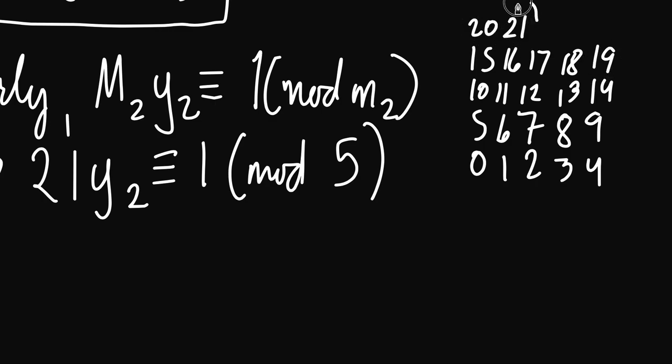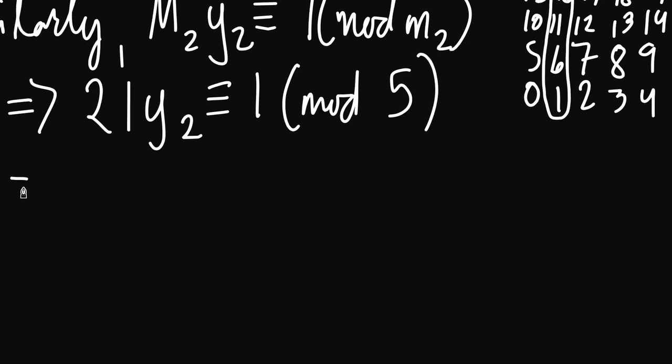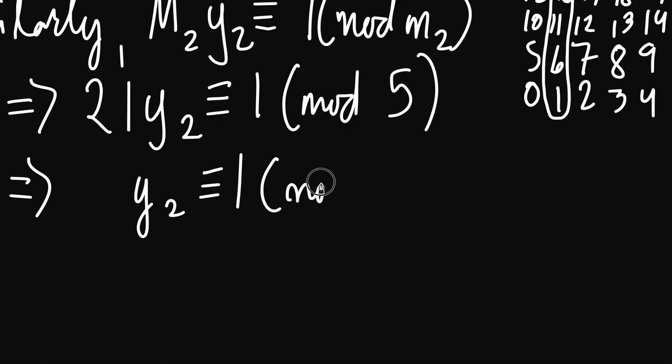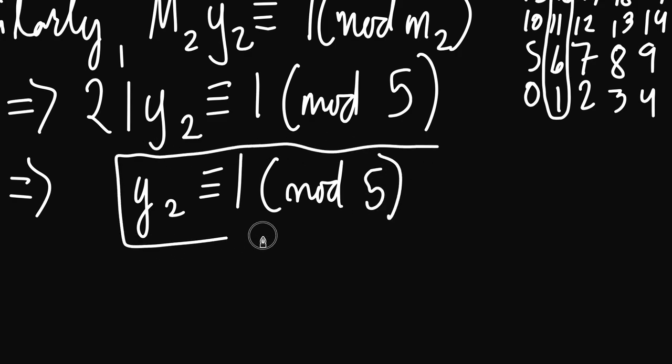Here's 21, and you can see that in this equivalence class, 21 is going to go into 1. So therefore, we can just delete 21 and make it just 1 congruent to 1 mod 5. And that's already okay for our y sub 2.